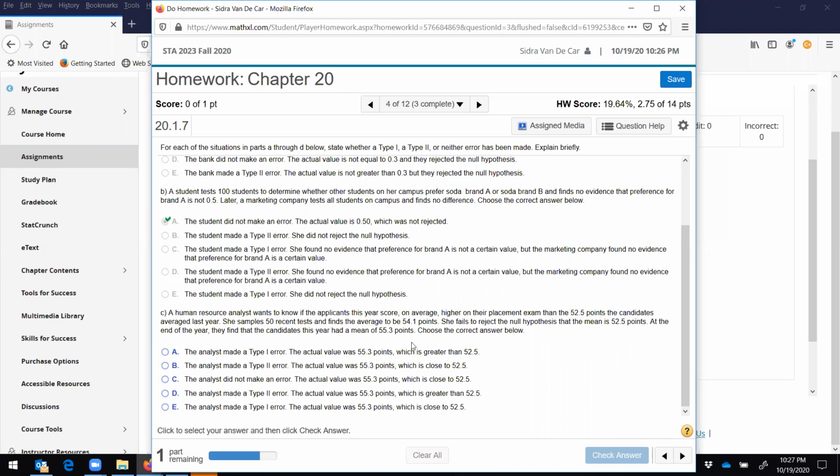Okay, so they are actually bigger than the null, but we failed to reject the null when we should have. That's a type 2 error. So the actual value is 55.3 points, which is greater than the 52.5.